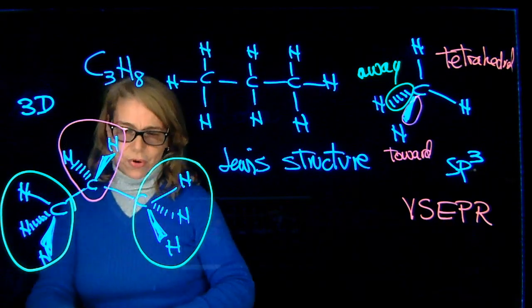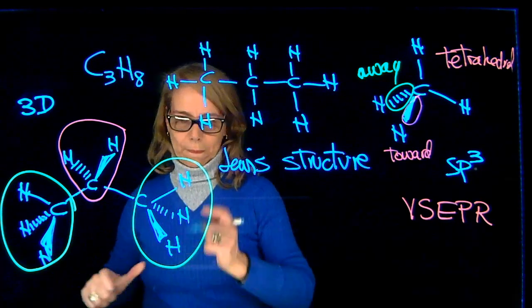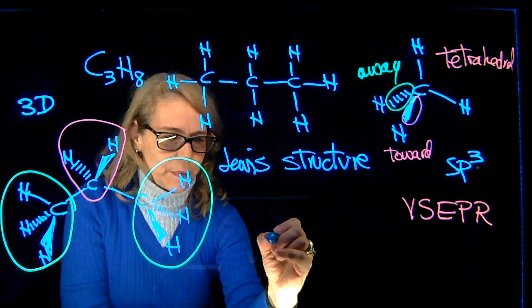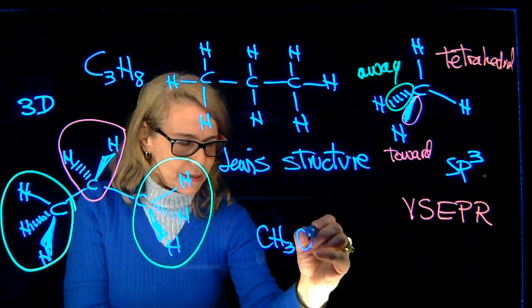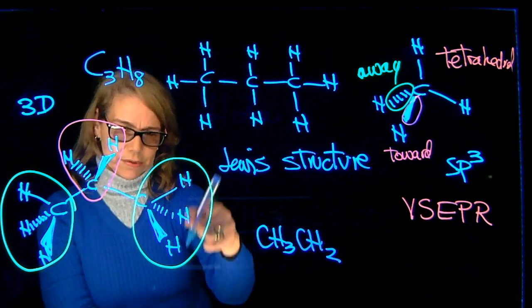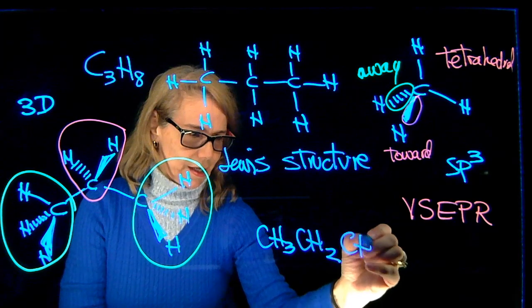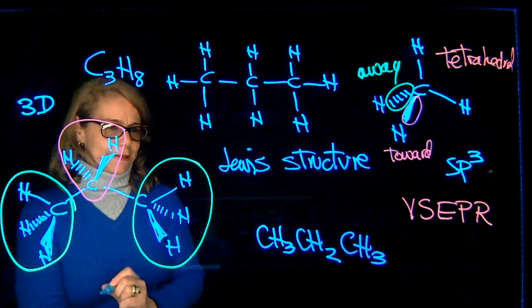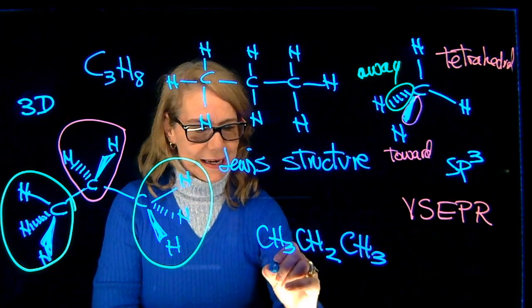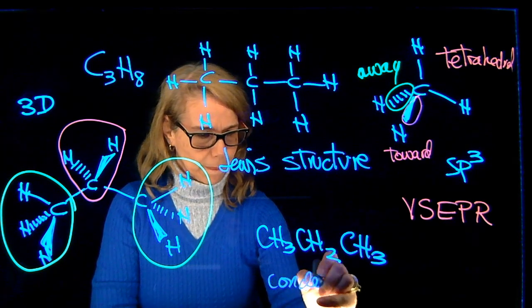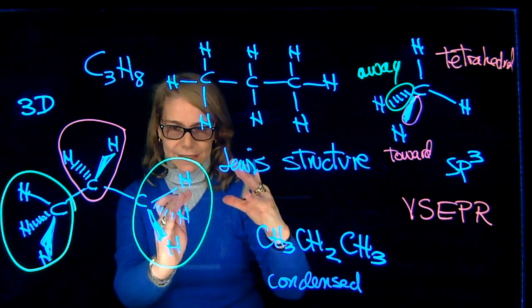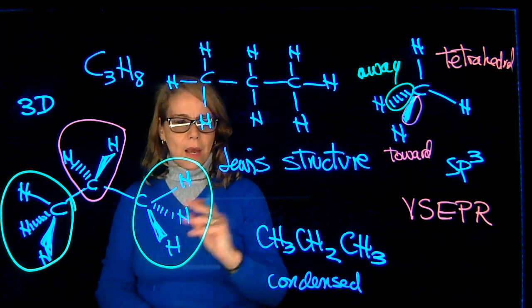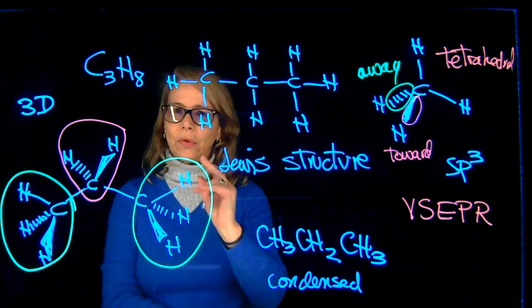In my next drawing, this 3 is going to be CH3, then this 2, CH2, and then this 3, CH3. See? Now, this is a condensed molecular formula. Now, everything is more complex, right? Yet we can do more than that.